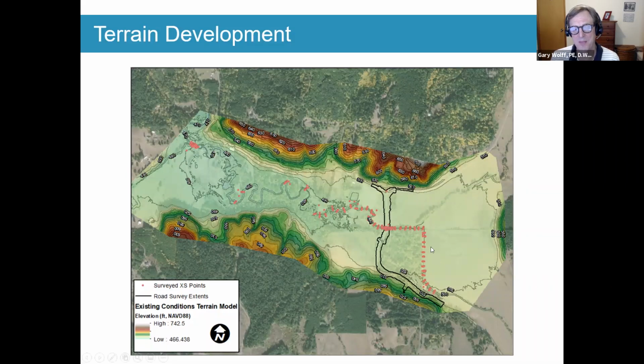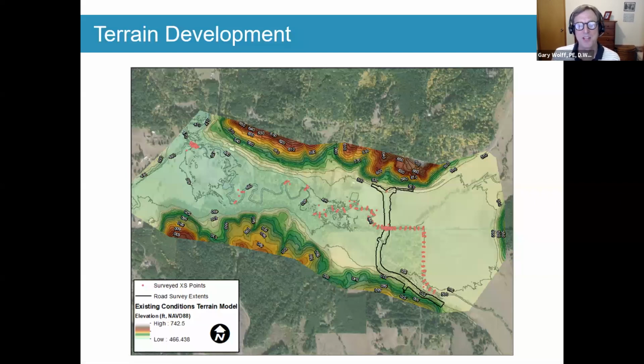So we had the main channel picked up, and then they surveyed, of course, the road corridor here really well. So we had all these data sources. These were all combined then to create a continuous terrain model, or a DTM, of this area, which is the geometry that we needed to run our 2D model.